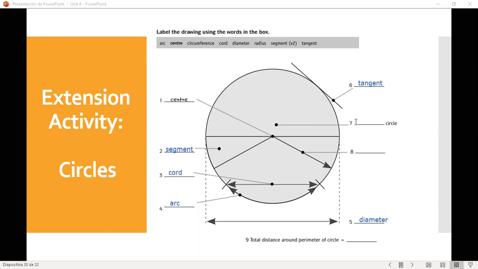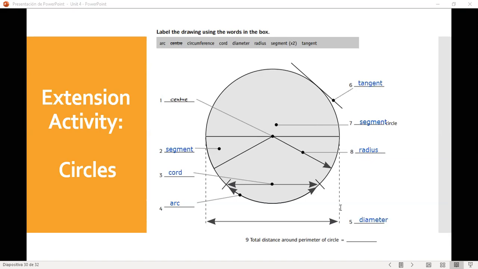Well, it's segment. Also, remember you have segment times 2. Yes. And number 8 is radius. The radius, okay. Yes, number 8 is the radius.